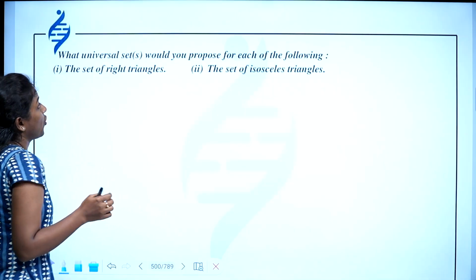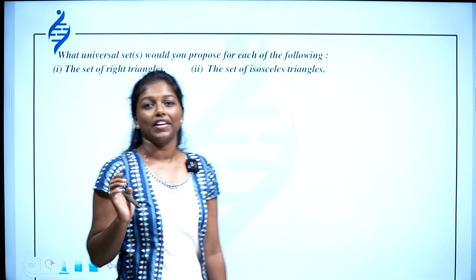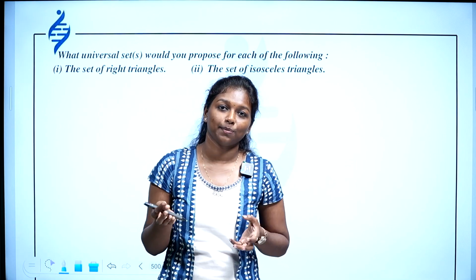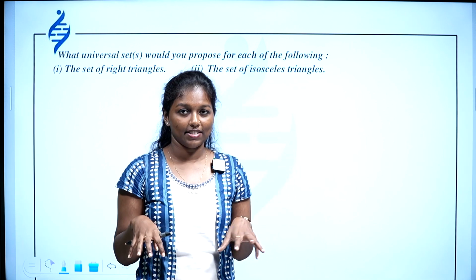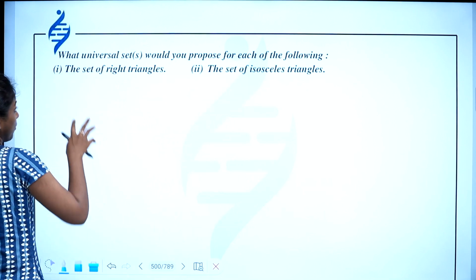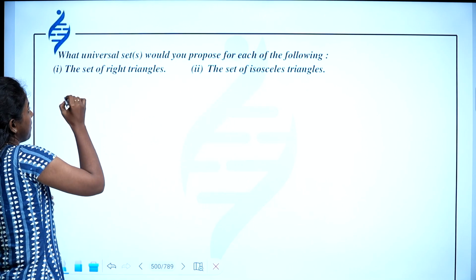Then what universal sets would you propose for each of the following? Yes, so we have learned about universal set. What was universal set? It was the main set from which we are writing the subsets and all. So you have to write down the universal set from which these sets can be found.